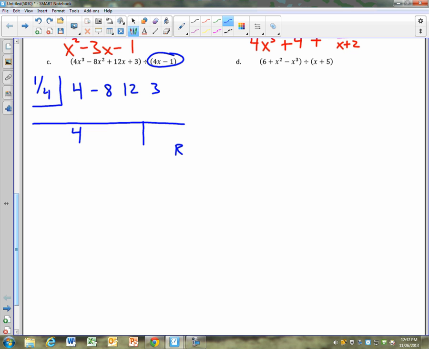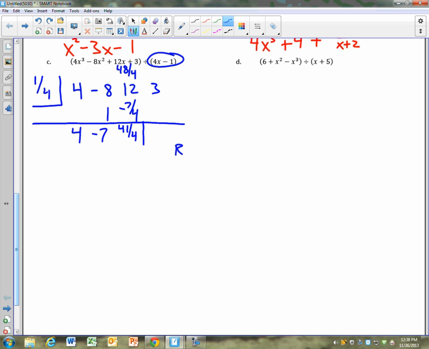What's 4 times a fourth? Negative 8 plus 1. A fourth times negative 7. Negative 7 over 4. Ooh boy, now I have to add 12 and negative 7 fourths. That means I need common denominators. How can you rewrite 12 as a fraction? 48 fourths. So 48 fourths plus negative 7 fourths is 41 over 4.